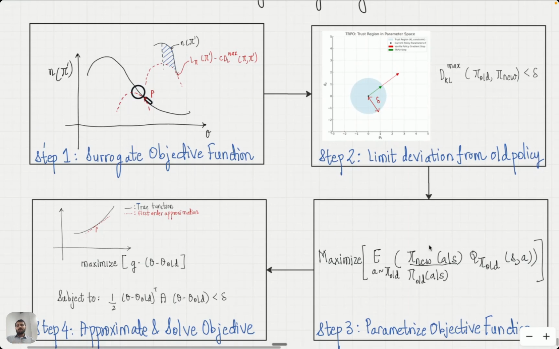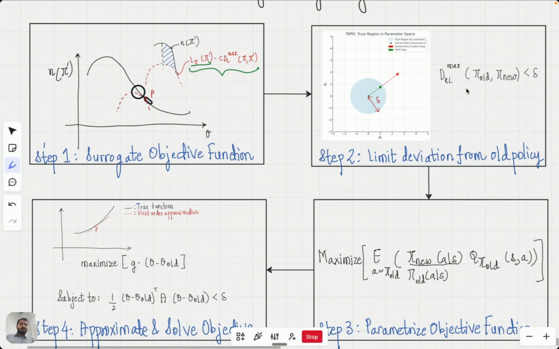First is to calculate the surrogate objective function, which is always less than the true objective function and matches the objective function at one point, which is given by this L pi pi dash, which is exactly the same as the true objective function, but the state distribution is as per the old policy. And the second term is the KL divergence of the old policy and the new policy.